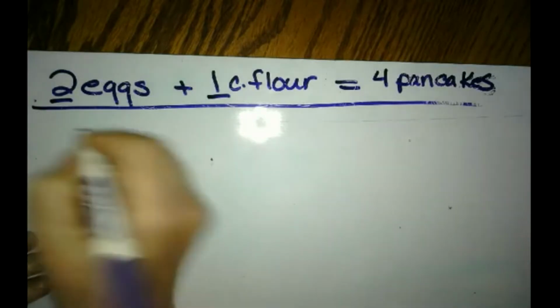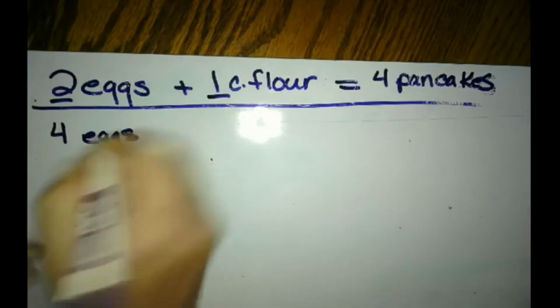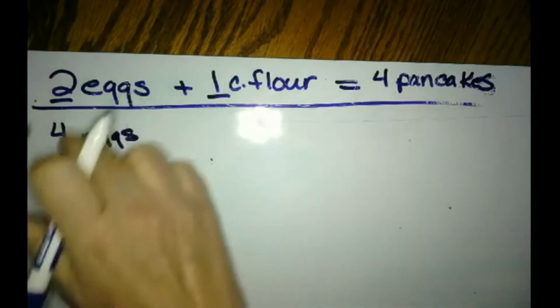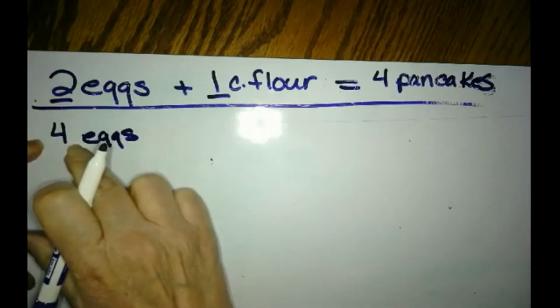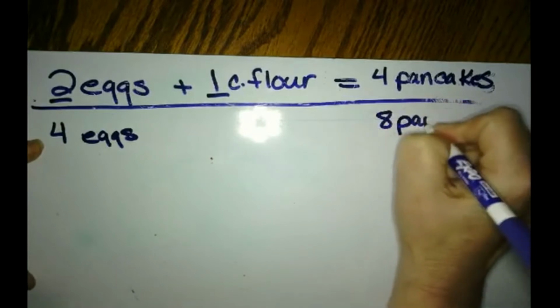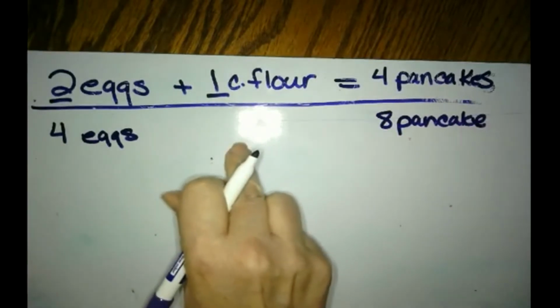So let's double the recipe. Here I would use 4 eggs. And if I have 2 eggs, it'll make 4 pancakes. If I double my 2 eggs to 4 eggs, it should make 8 pancakes. I just doubled that again. Okay? And how much flour do I need to make it?